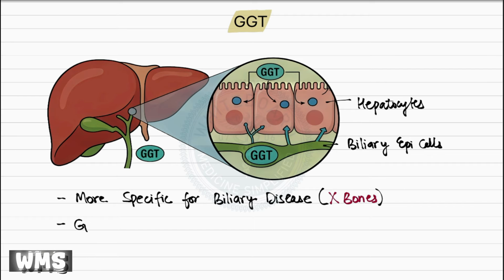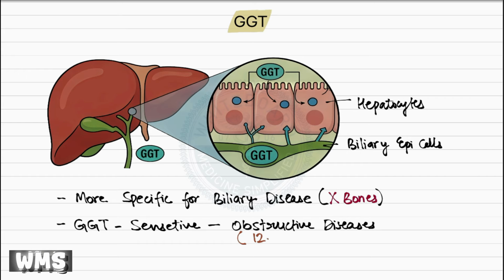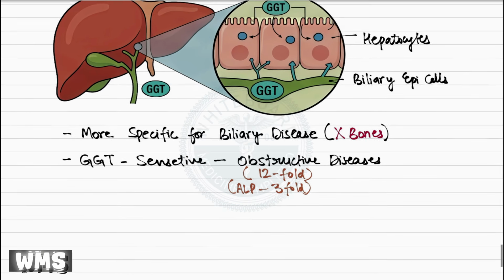Clinically, GGT is quite sensitive in obstructive liver disease, where its levels can rise significantly, on average up to about 12-fold, whereas ALP may increase only around 3-fold, making GGT a slightly more sensitive marker in this context.